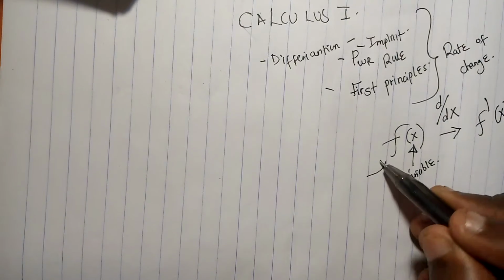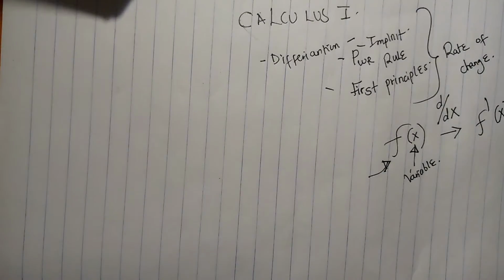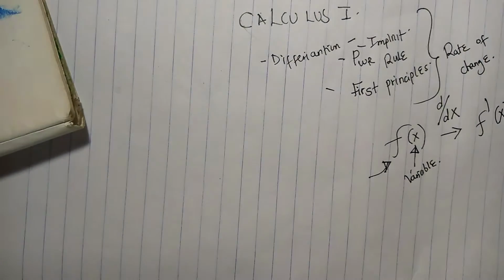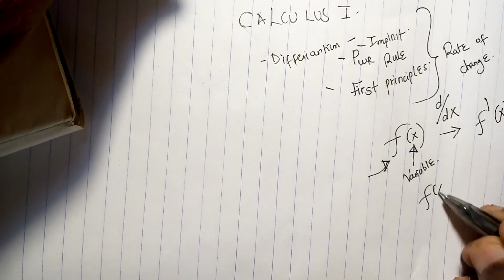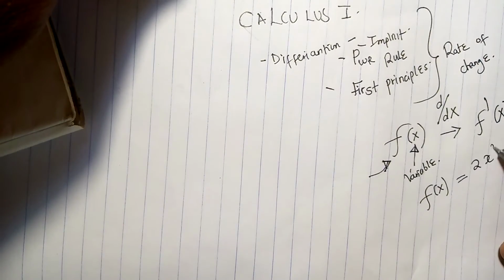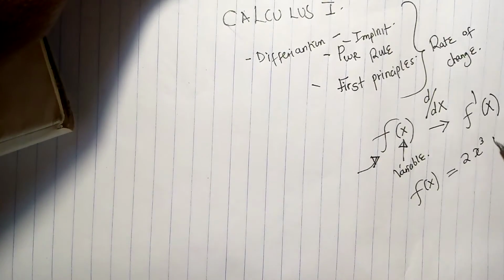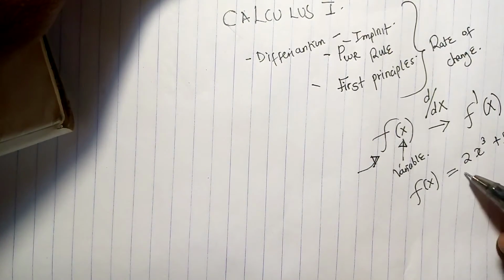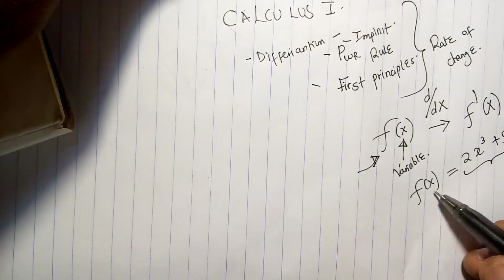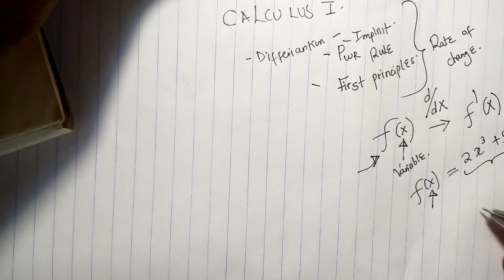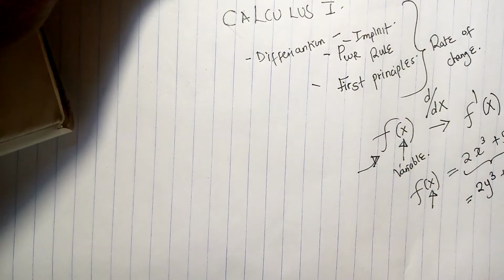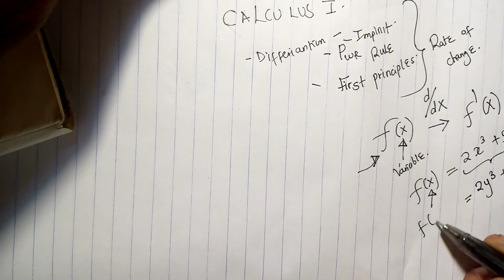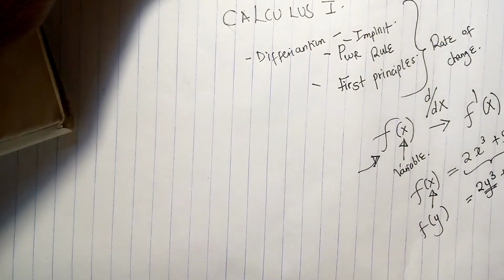A function is basically what is made up of variables. So for example, if you say f of x is equal to 2x cubed plus 5, this means that the function is made up of x. But if somebody writes for you 2y cubed plus 6, then this is f of y, because it is made up of y and not x.